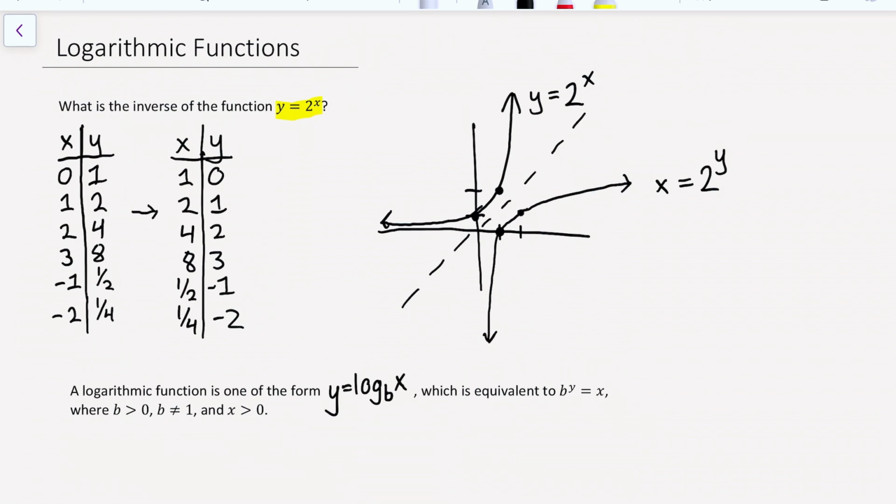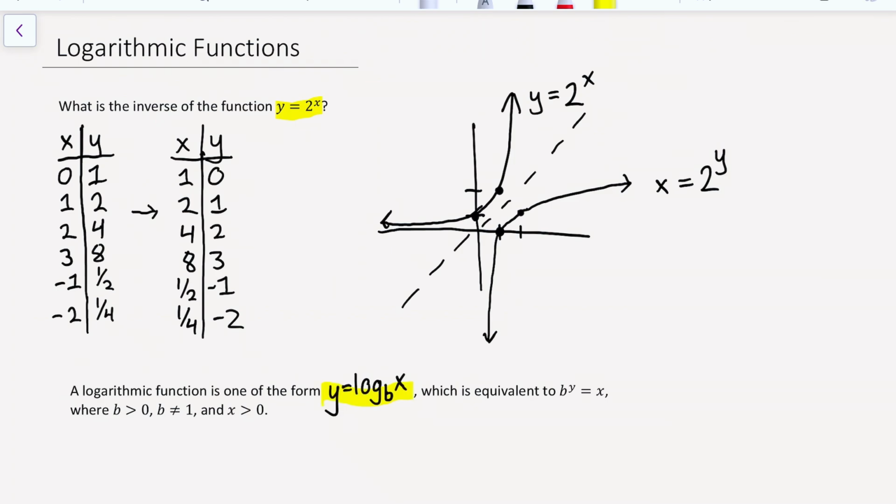And yet we want to rearrange this so that we can express y by itself as the dependent variable depending on x. In order to do this, we need to talk about logarithms. So a logarithmic function is what we have just sketched and shown in our table of values.